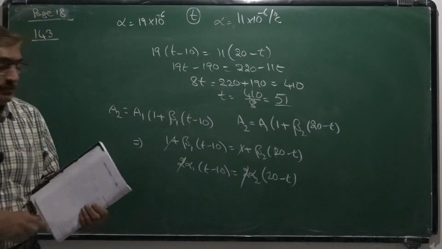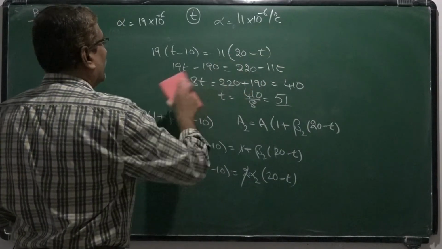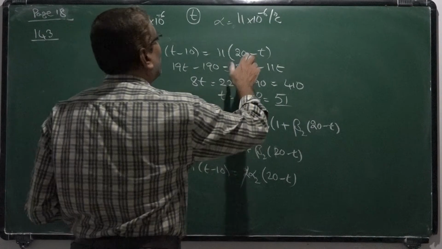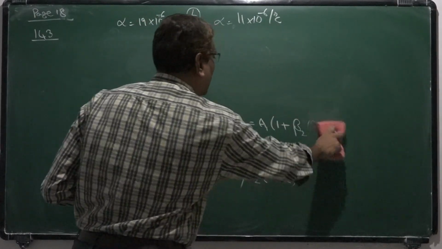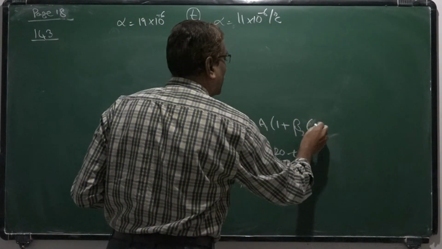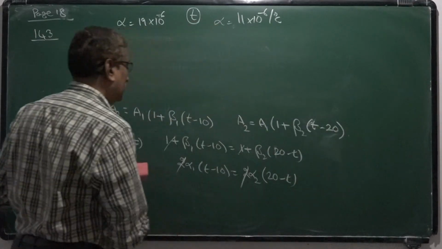Oh, sorry, one minute. We have to take both the temperatures as T minus only. Here also we have to take it: the initial temperature is T, so for the final temperature we have to take T minus 20.